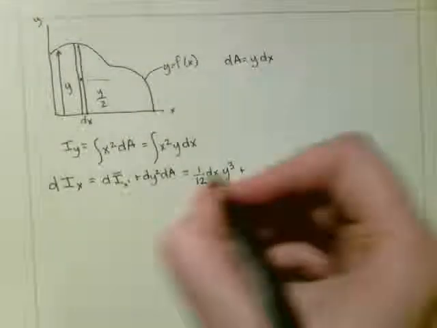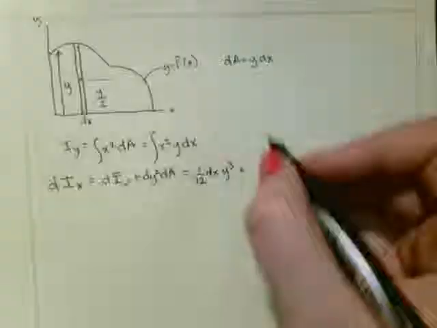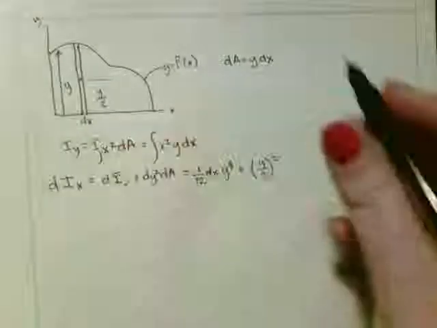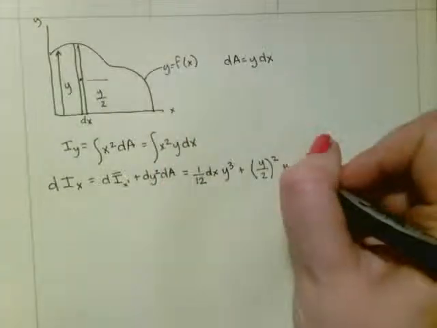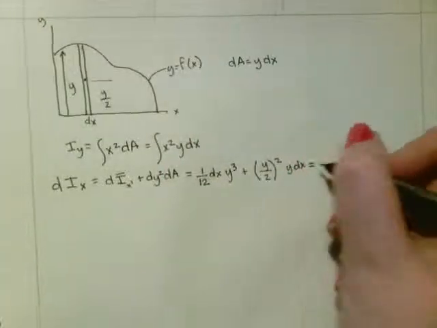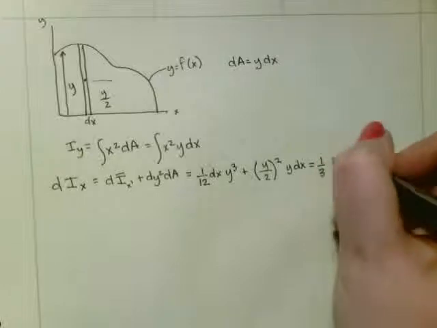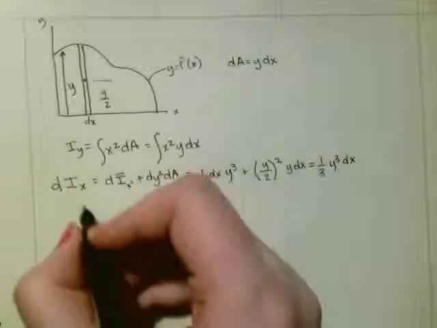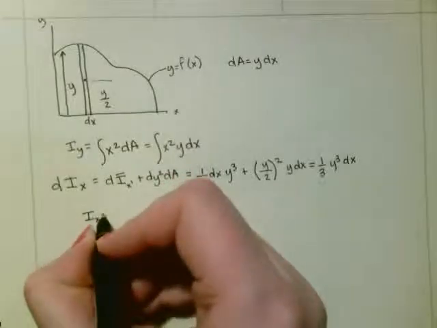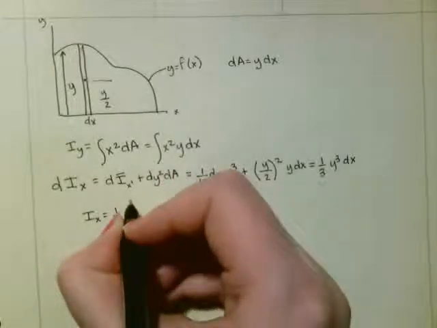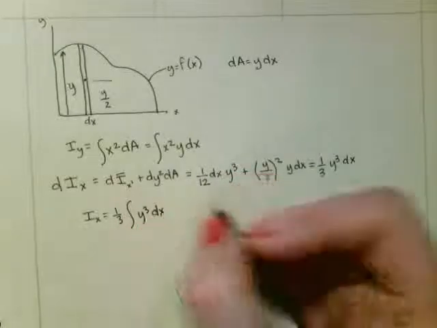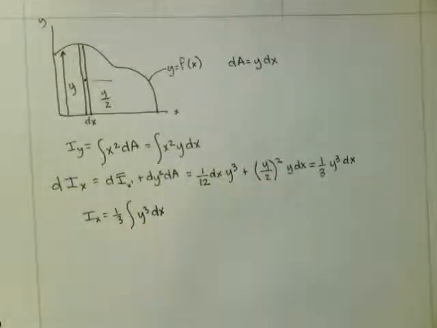And over here we've got dy, which is y over 2, squared, times dA, which is y dx. And those combine together to be 1/3 y cubed dx. We take the integral of both sides such that we get that Ix is equal to 1/3 times the integral of y cubed dx. And that's it.